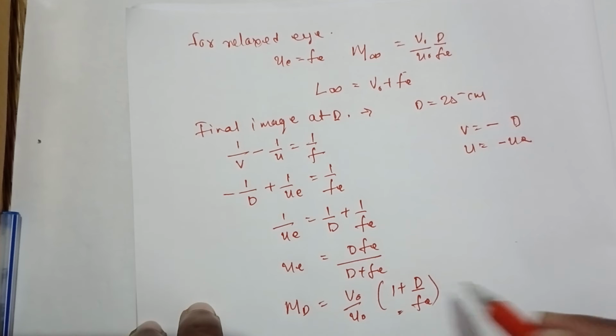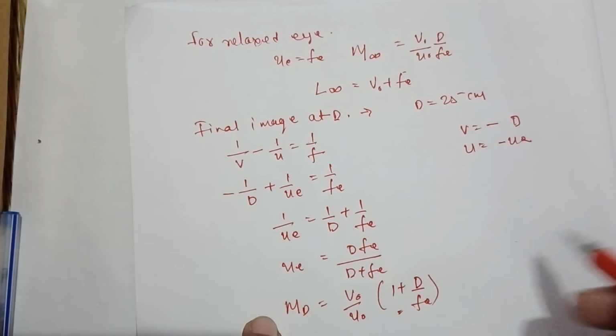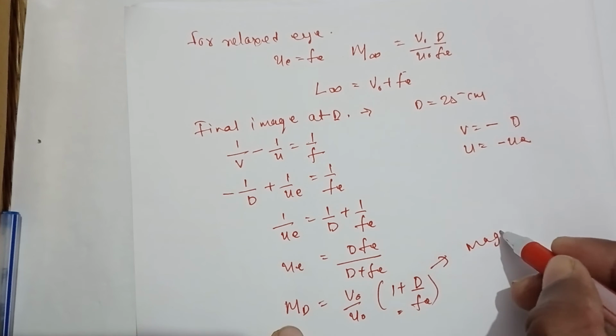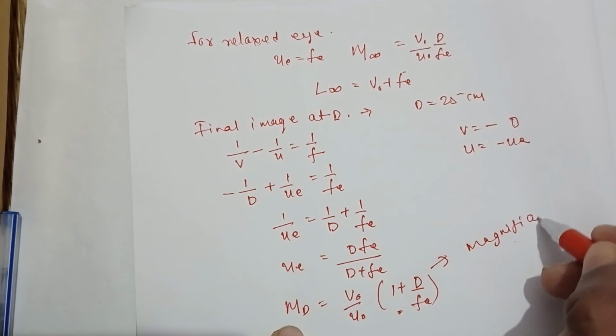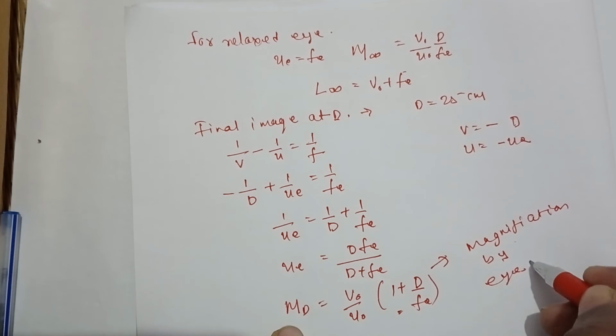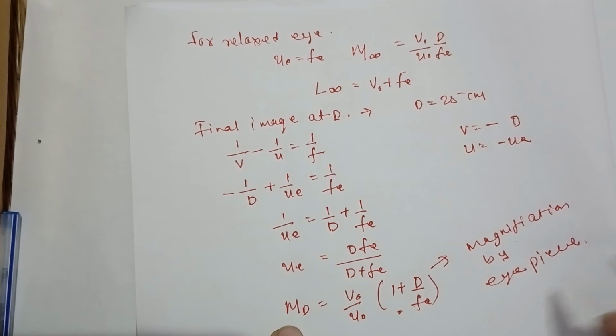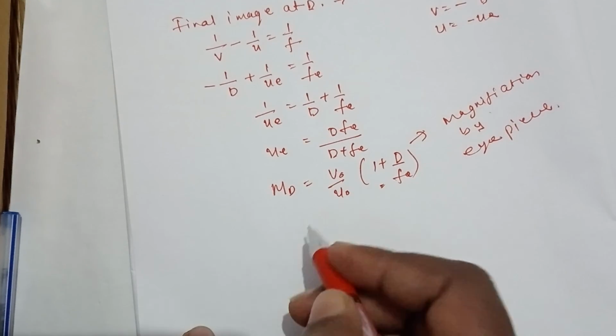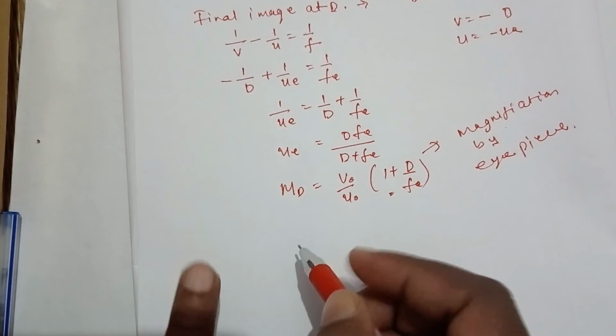This is the magnification produced by the eyepiece, that is calculated in our simple magnification; we are not going to discuss this here, as we have already derived it in our previous video.